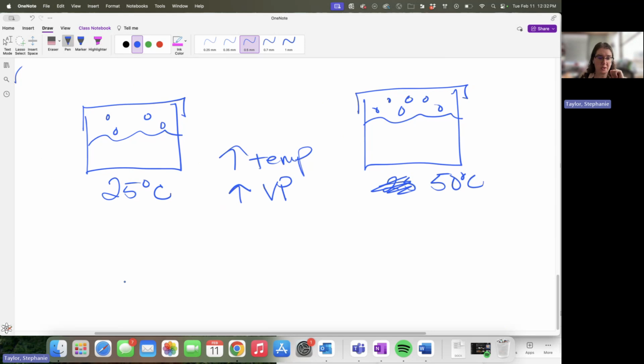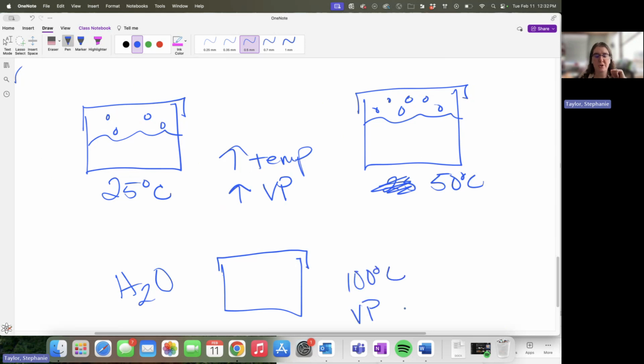We're going to go ahead and say that this is water to make our lives easier, because once we get to 100 degrees Celsius, my vapor pressure is going to be at 1 atmosphere. So basically this vapor pressure goes up and up until finally my vapor pressure is 1 atmosphere. 1 atmosphere is what our atmospheric pressure is.